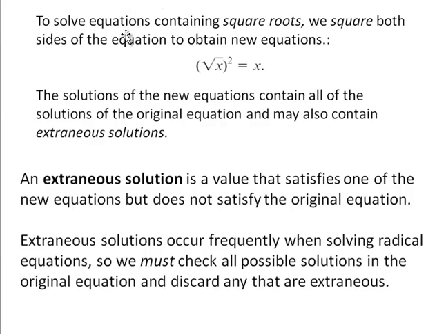Basically, if you have an equation that has a square root, we square both sides. So if I'm starting out with that and that, I just square both sides. The most important thing to think about is that you're going to end up with something called an extraneous solution from time to time.